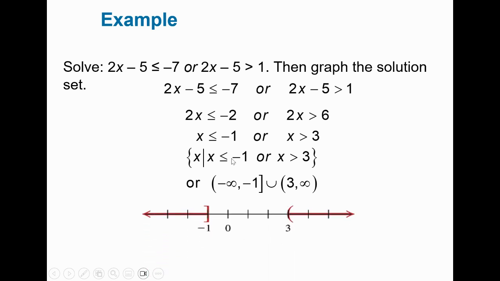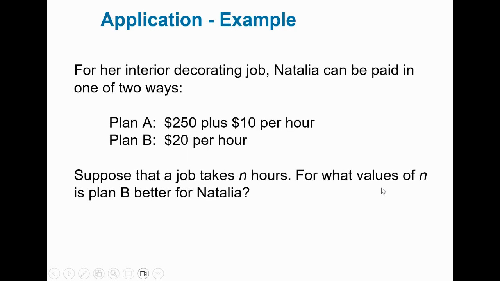Less than or equal to negative 1, a bracket because of the or equal to part, going to the left. x is greater than 3, strict inequality. It's a parenthesis and going all the way out to infinity. So here it is, set notation, interval notation, and then the compound inequality graphed.